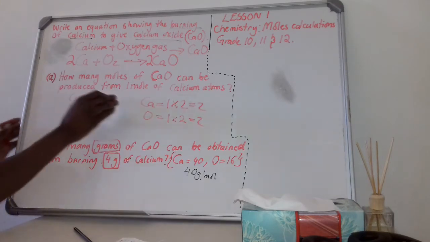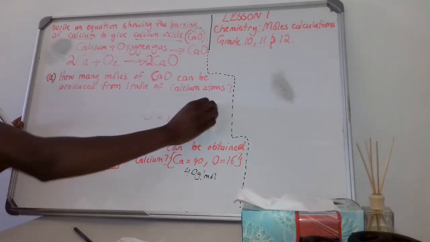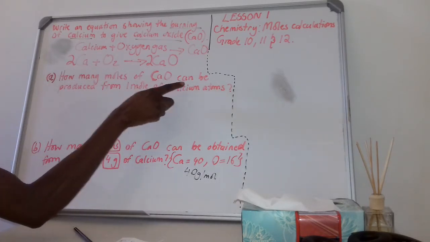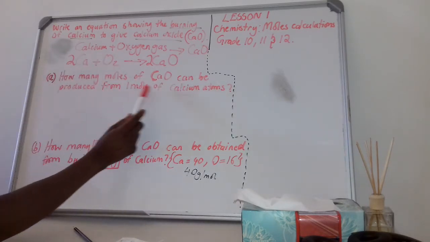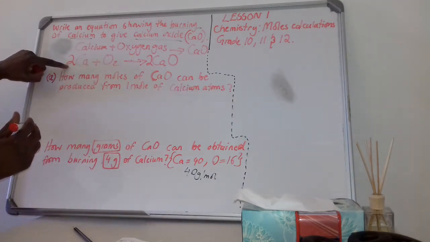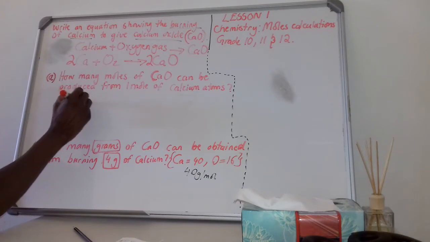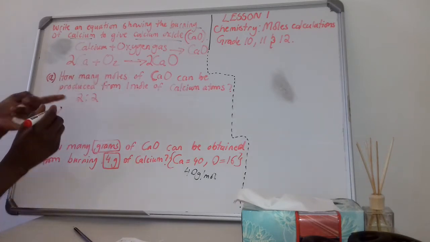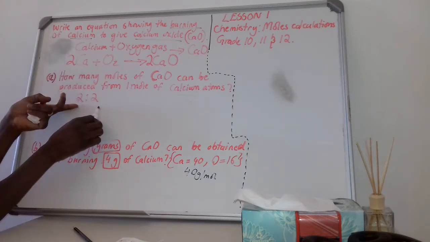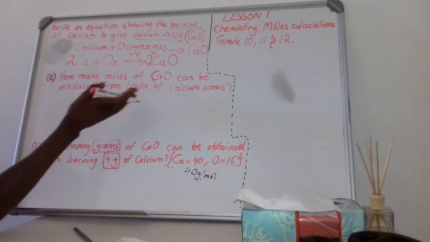Let's go to part A. Part A says, how many moles of calcium oxide can be produced from 1 mole of calcium atoms? From the balanced chemical equation, the ratio is 2 to 2, meaning that if I have 2 moles of calcium, I'll produce 2 moles of calcium oxide. But I just want 1 mole.